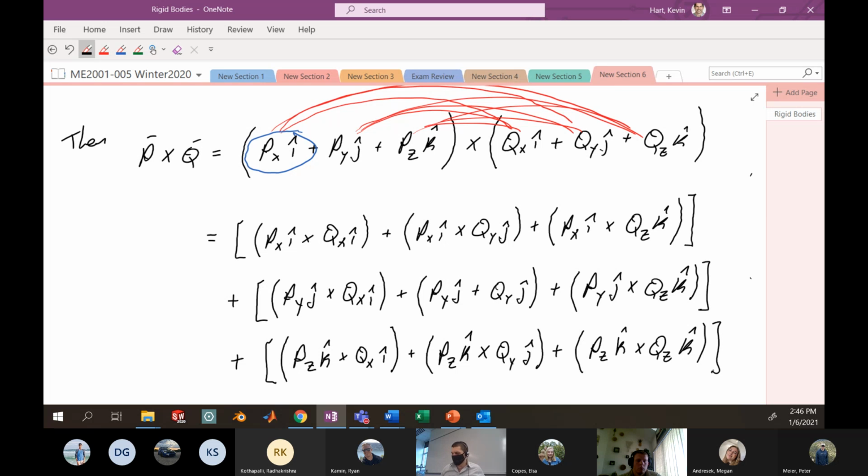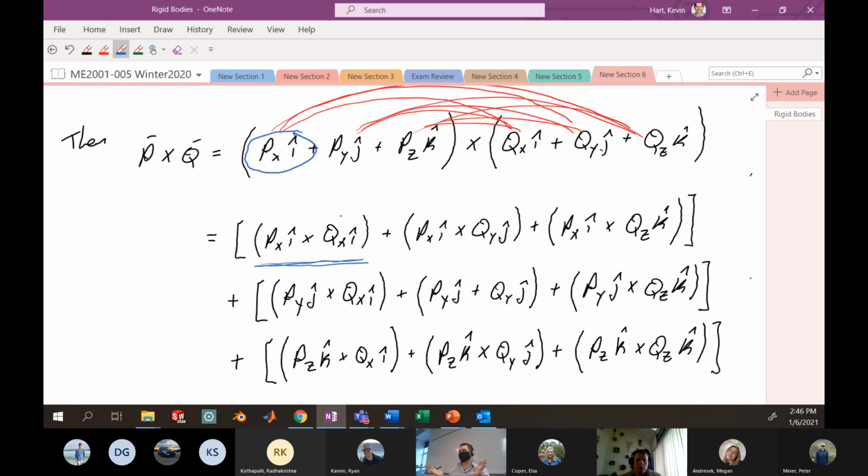Okay, but we can use a lot of the rules that we have for cross products to simplify our life straight away. If we're looking at this particular guy here, we have some component in the i direction crossed with some component in the i direction. Those two vectors are both in i.